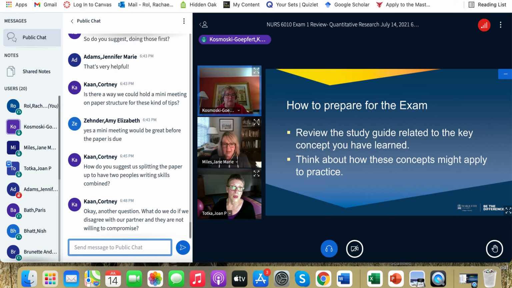That's exactly right. From a grading standpoint, when you're reading a paper like this, you can go, "Oh my gosh, it's like I have one paper here and one paper here," and they don't really fit together very well, and it's very hard to grade. The more you can do to blend it together is really important.